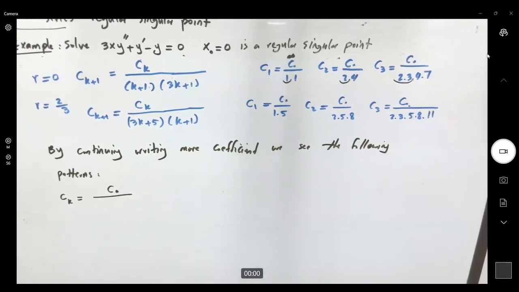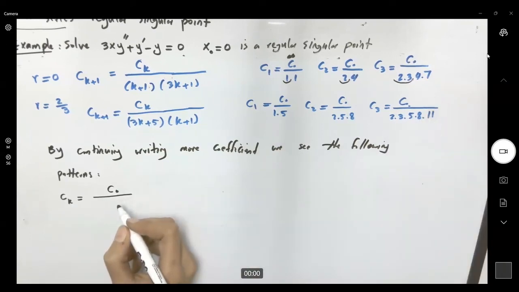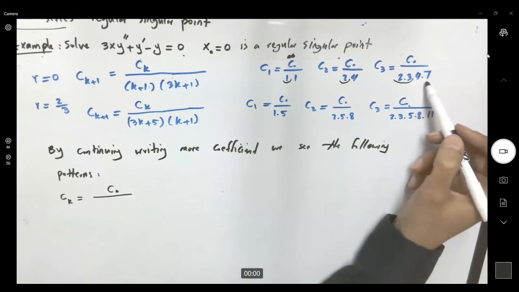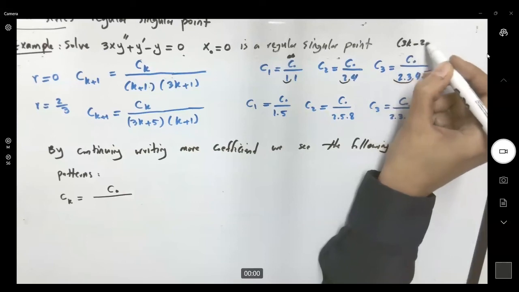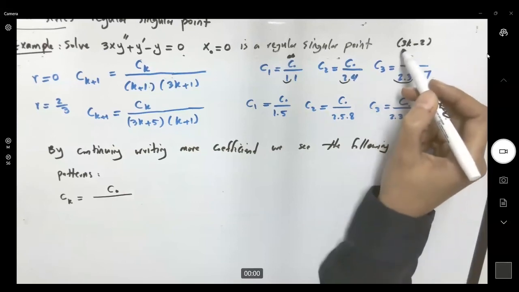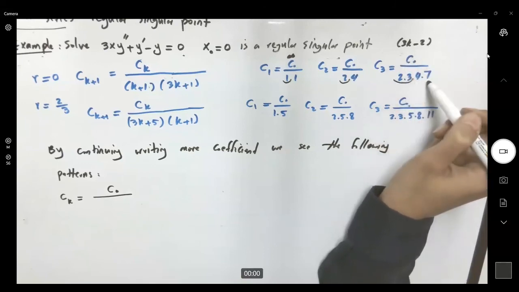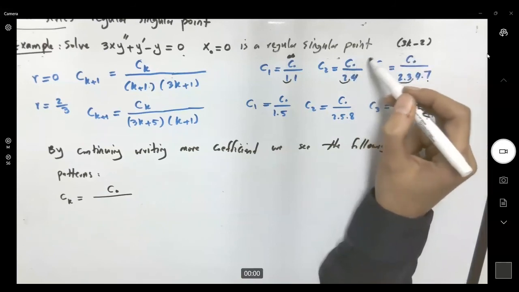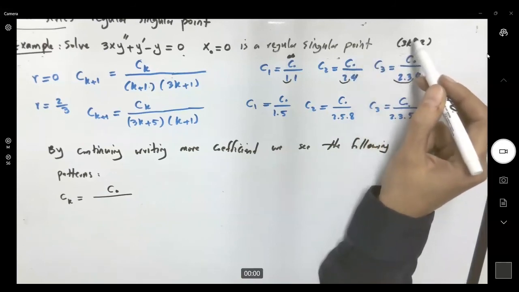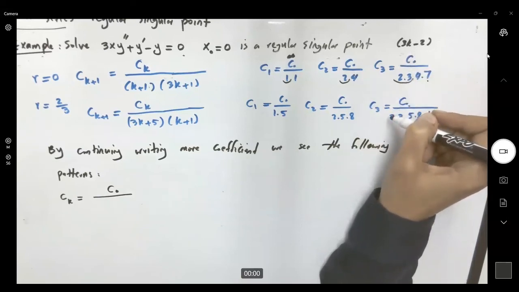Those numbers follow 3K minus 2, because take a look at this, 3K minus 2. If K is equal to 3, what do I get? I get 9 minus 2, which gives me 7. If K is equal to 2, I have 6 minus 2, which gives me 4, and so on. Am I right?